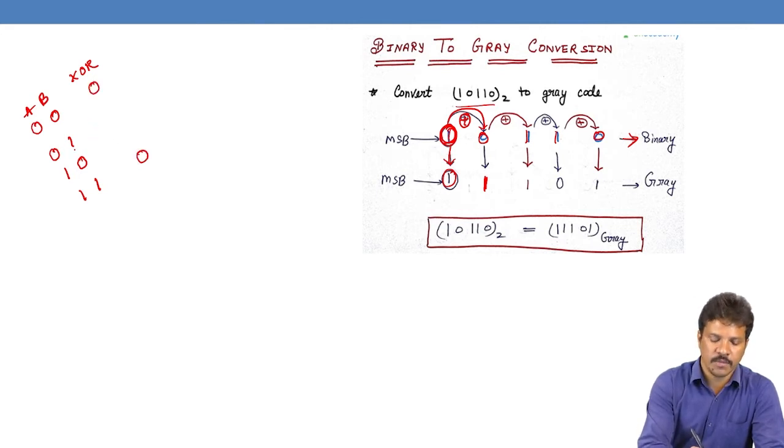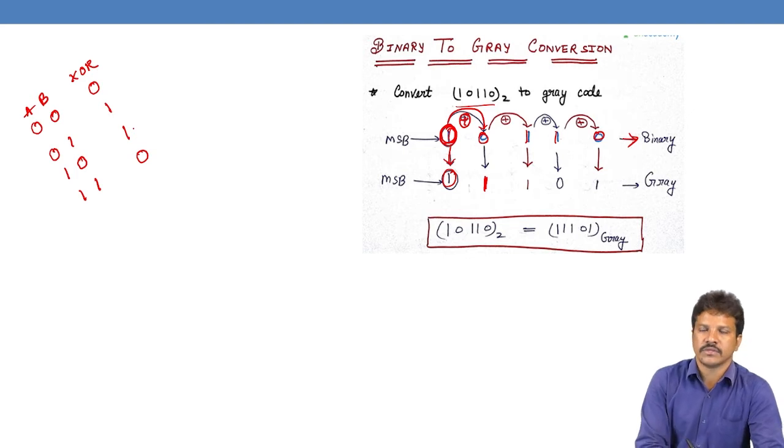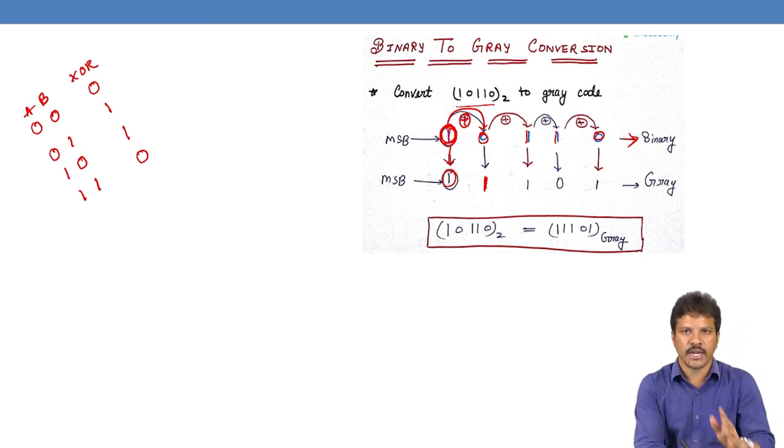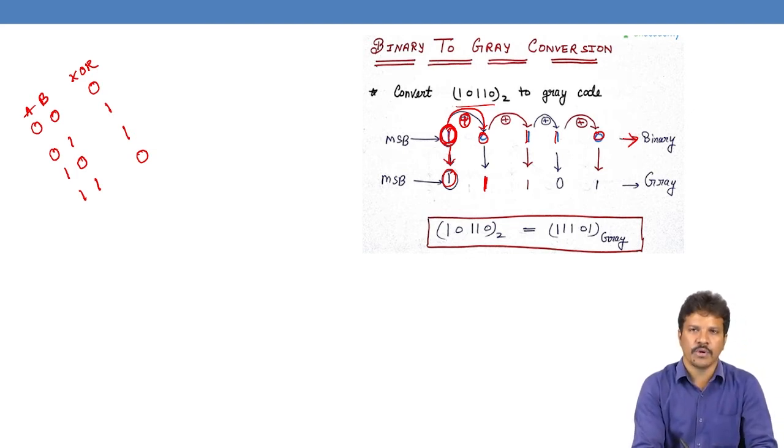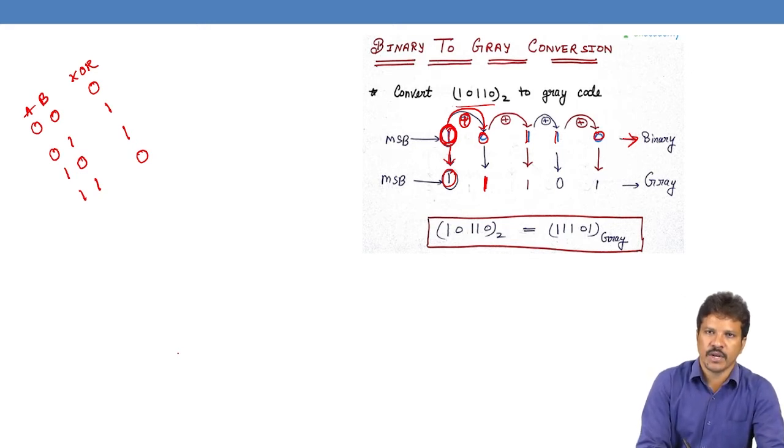If the inputs are opposite, like 0 and 1 or 1 and 0, you will get 1. Same inputs give a low output, opposite inputs give a high output.